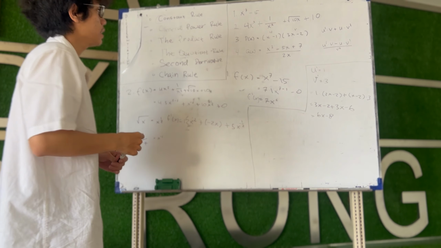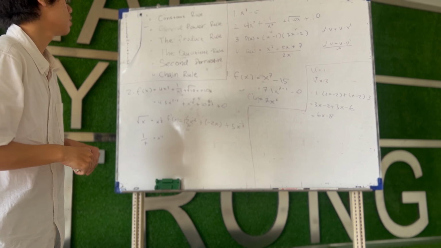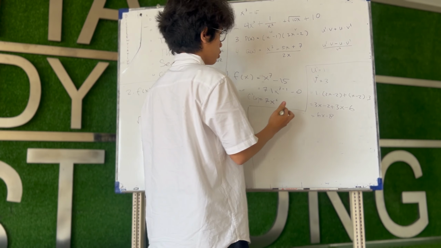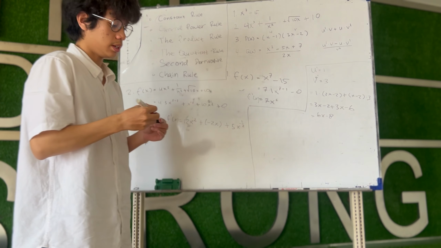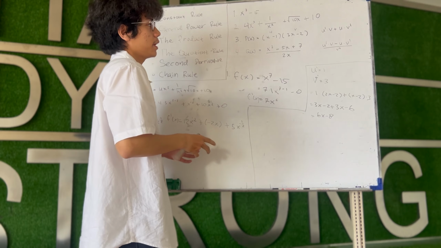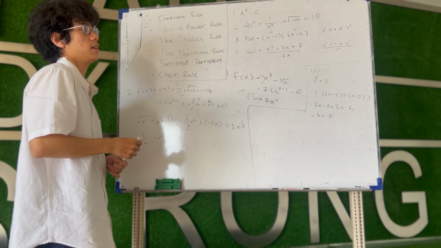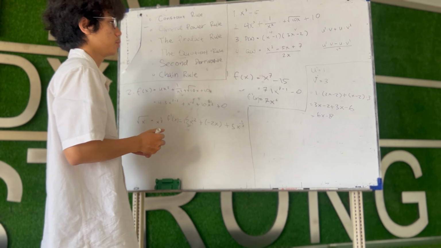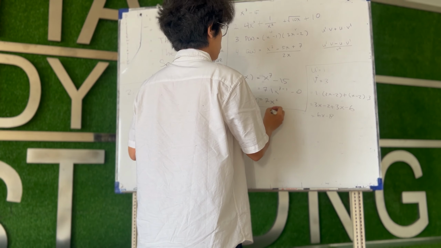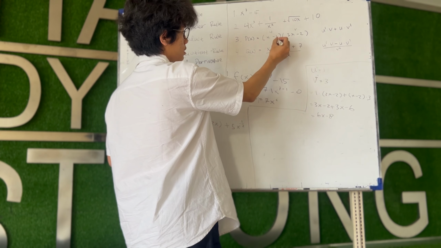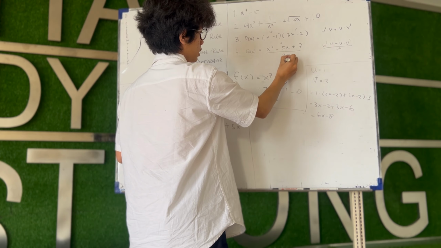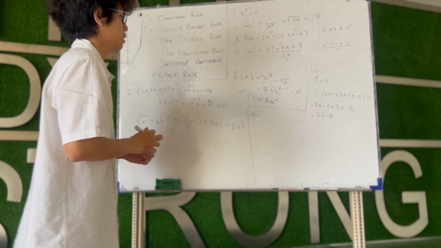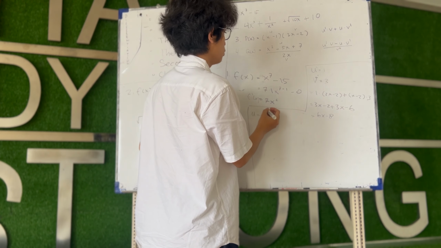And then the last thing we have, number 4, is we use the quotient rule with the formula: the derivative of u times by v minus u times by the derivative of v, divided by v to the power of 2. So, and here is the u and then is v. So we do the same thing as before, like we do the derivative the u first and the v first.